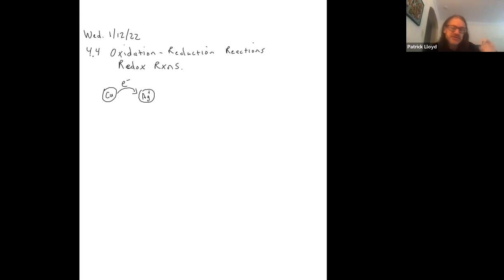So this might be a silver ion, for example. And so when that happens, the electron is just hopping from one atom to another. And so when that happens, the copper now has a charge. Now it's an ion, right? And now the silver is neutral. It's an atom because it has that extra electron in there, right?